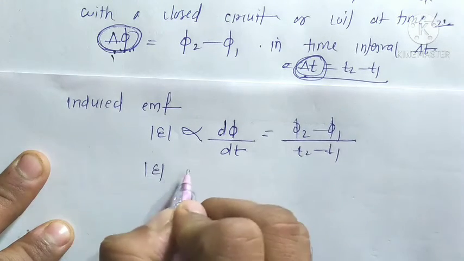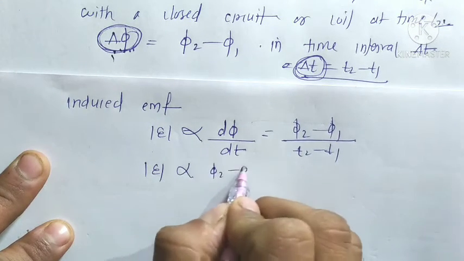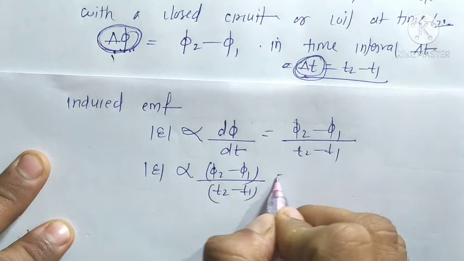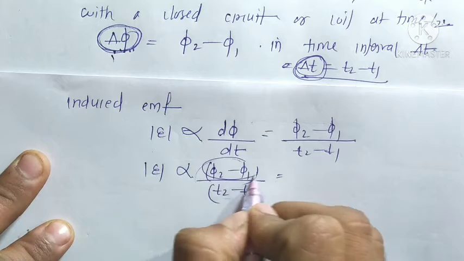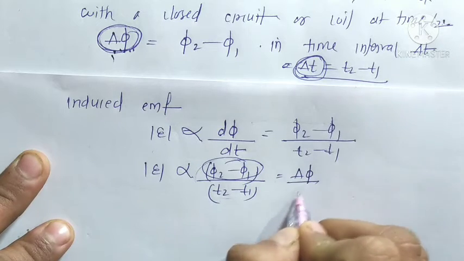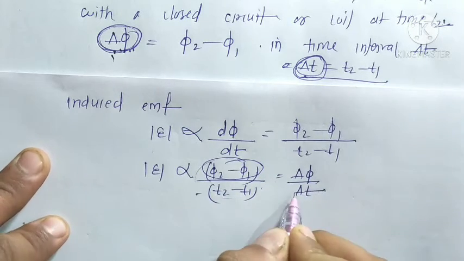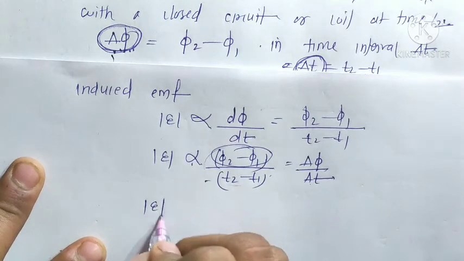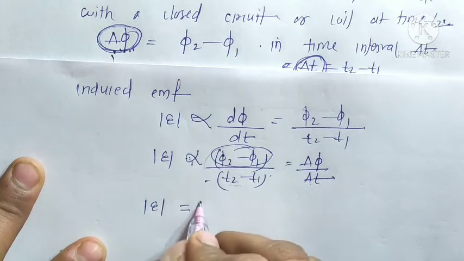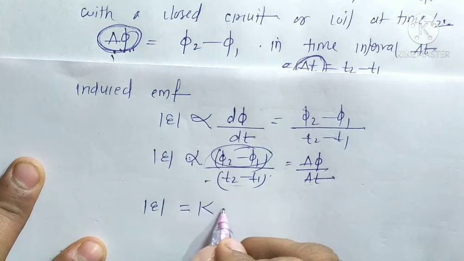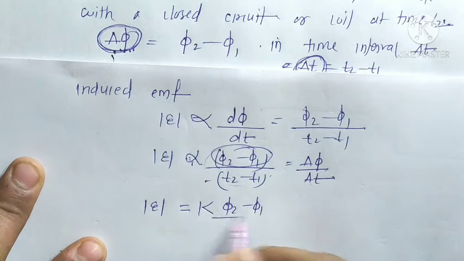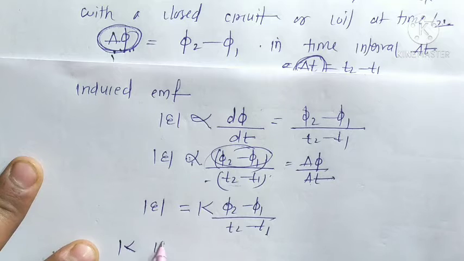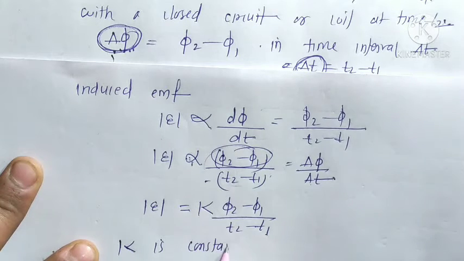Phi 2 minus phi 1 is delta phi, and the time interval is delta t. When we remove the proportionality, k comes in, where k is a proportionality constant.